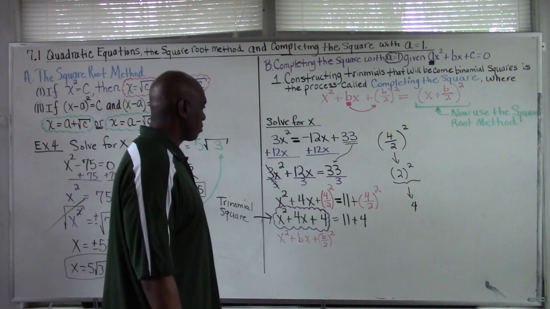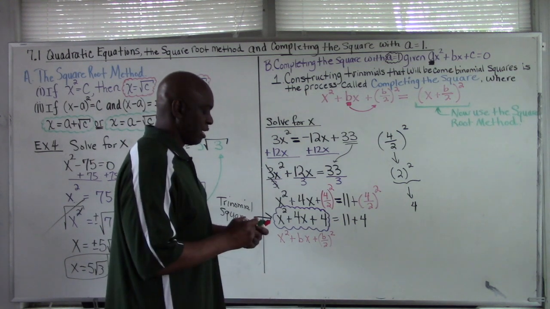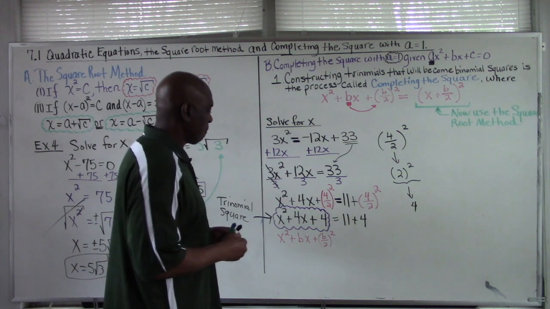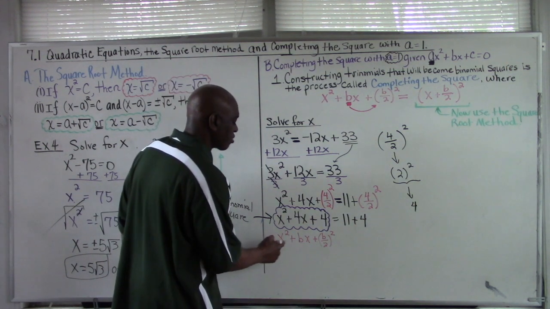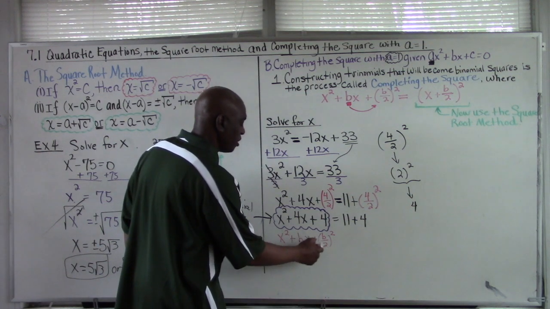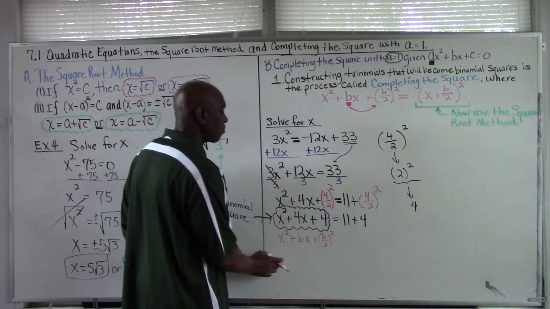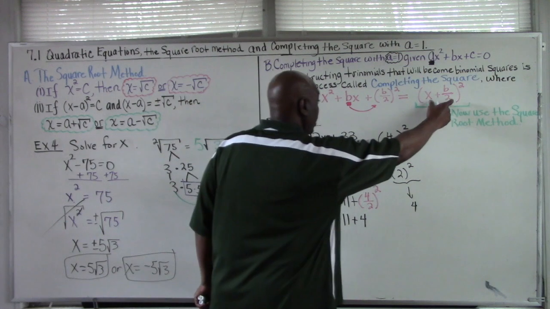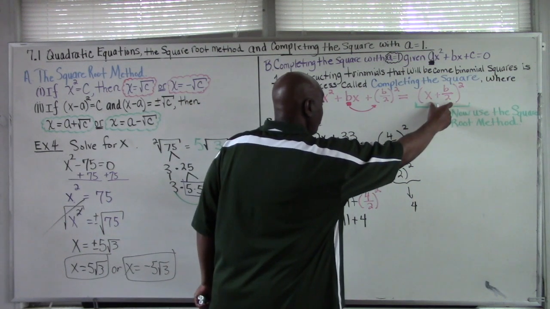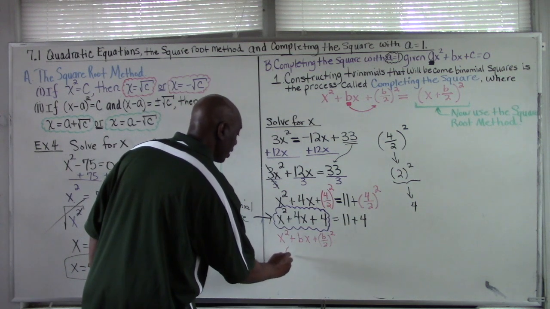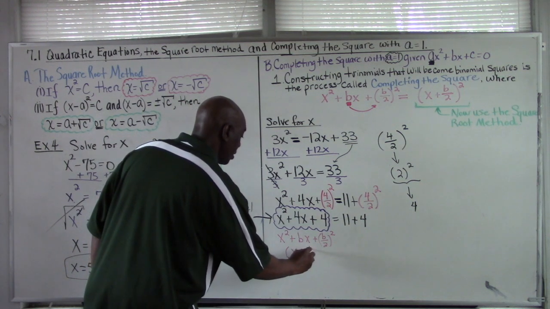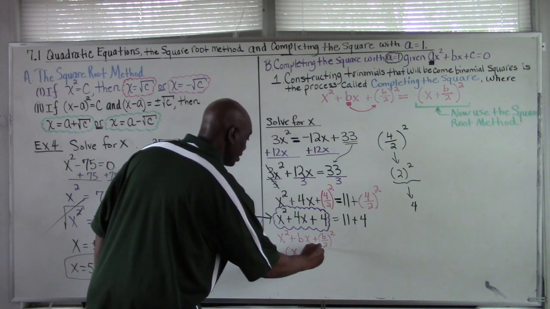And so, let's see. Now we want to rewrite it again. Because you know what this equals: x squared plus bx plus quantity b divided by 2 squared. Well, that's also equal to this right here. So now I can write this as x plus b over 2 quantity squared.